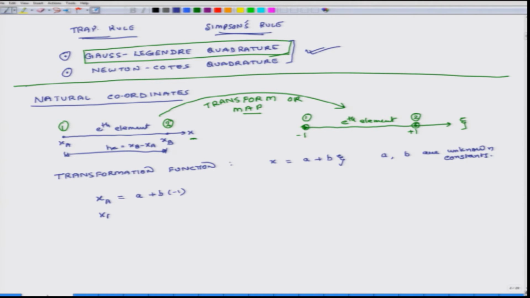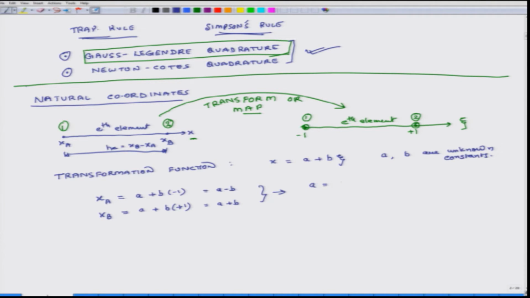And when x is equal to xb, the value of zeta is +1. So, this is equal to a minus b and this is equal to a plus b. From these we can calculate the value of a and b, which were unknown so far.